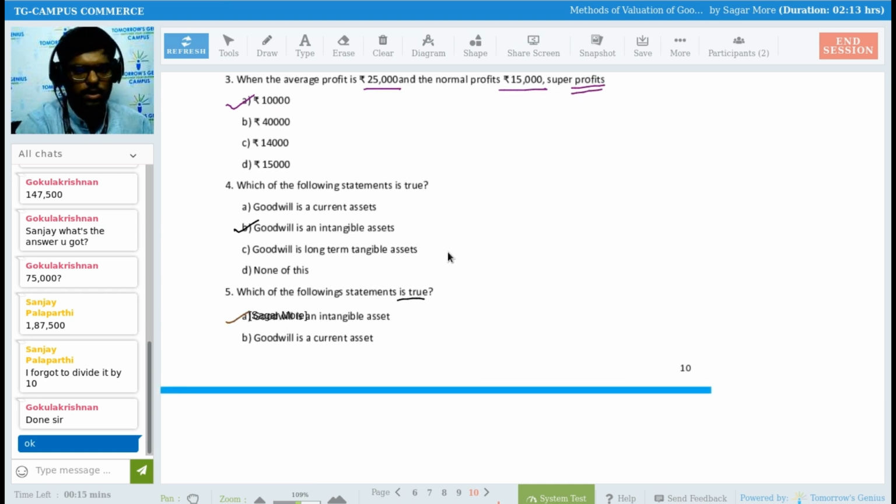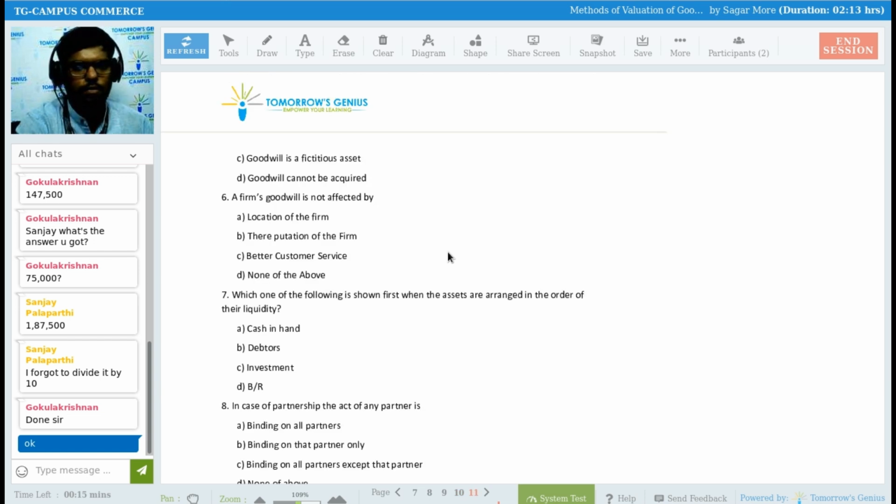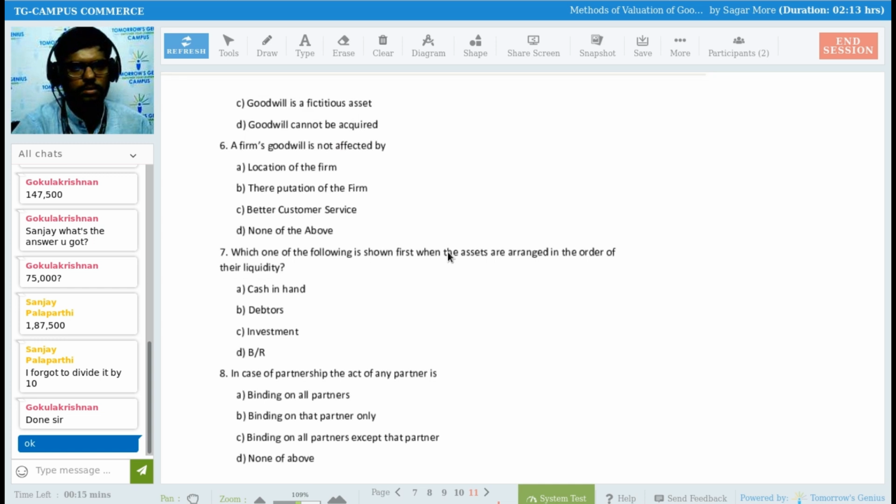Firm's goodwill is not affected by location, reputation, or customer service. The correct answer is none of the above.